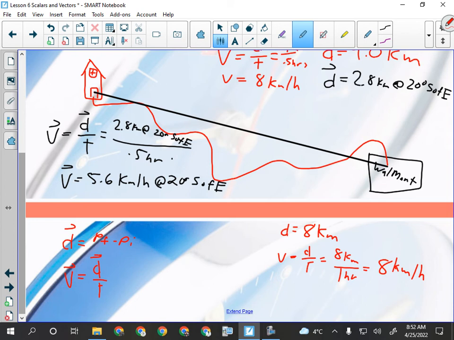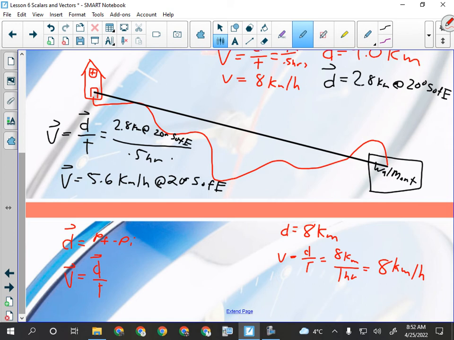Now when I get home, you guys just told me my displacement is 0. So if my displacement is 0 and I divide that by 1, what do I get? What's 0 divided by anything? 0. My velocity then is also 0, because from a vector point of view, I have gone nowhere.